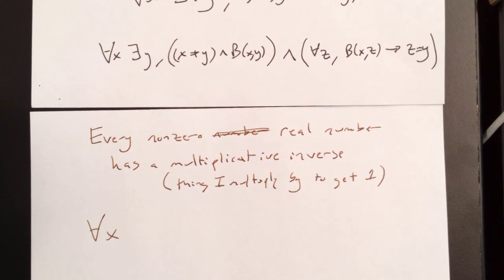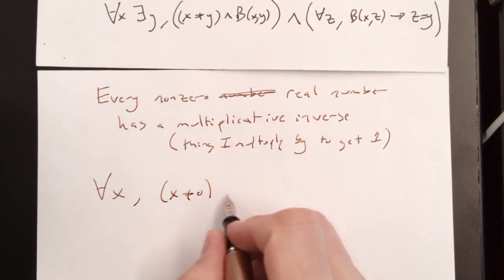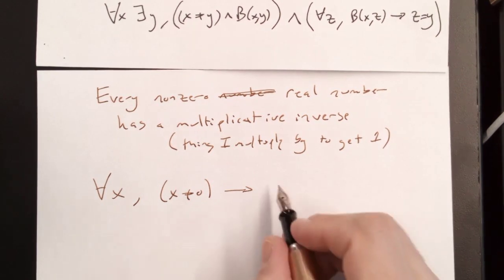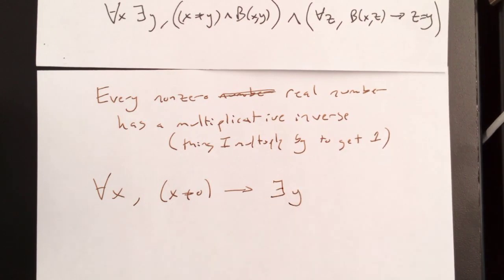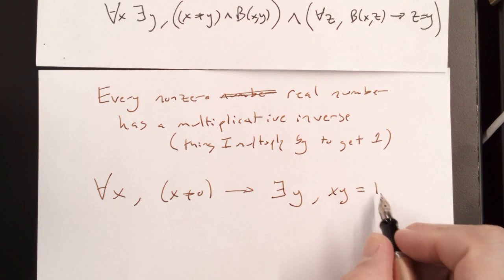If x is not zero, then it has a multiplicative inverse. It has another number. There is some other number, so that when I multiply them together, I get one.